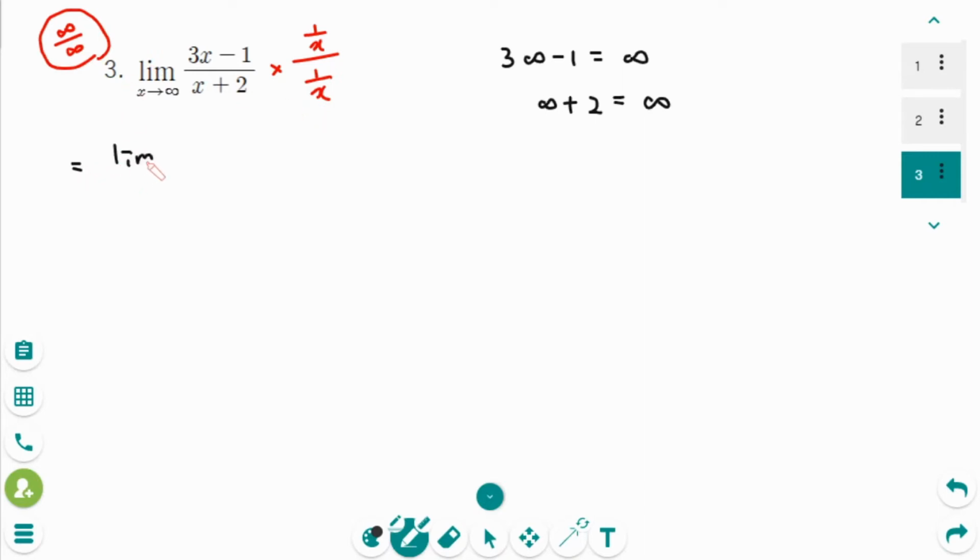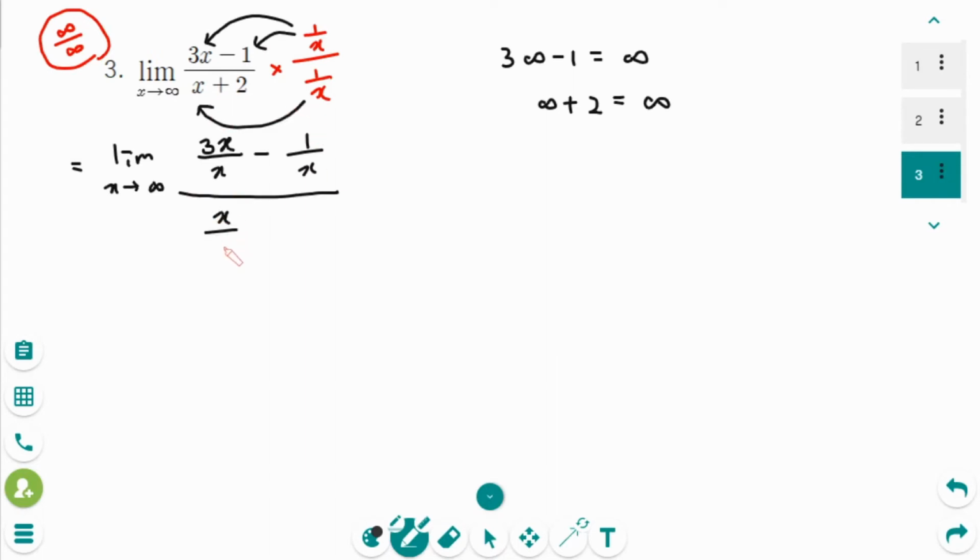And expand. First one over 1 over x, over, this one is x over x plus 2 over x. And simplify.